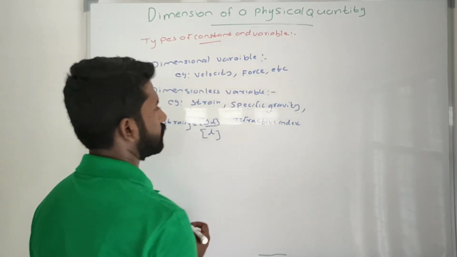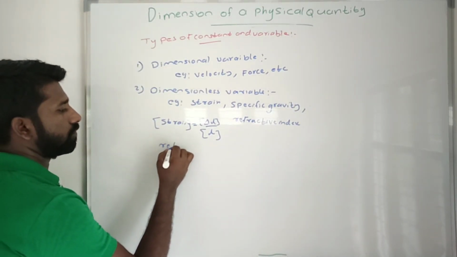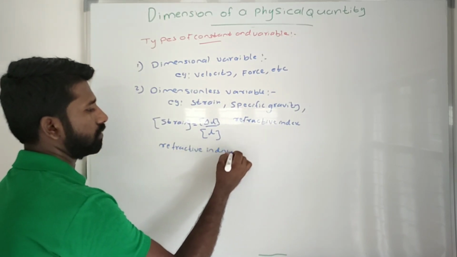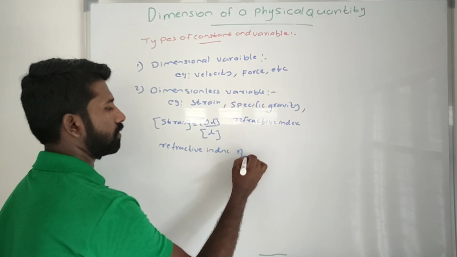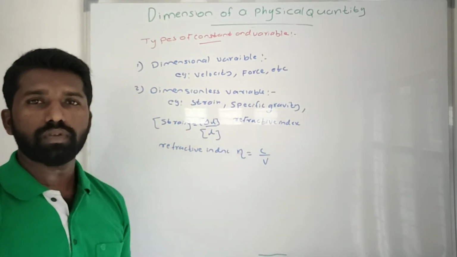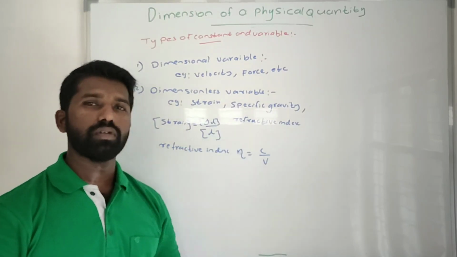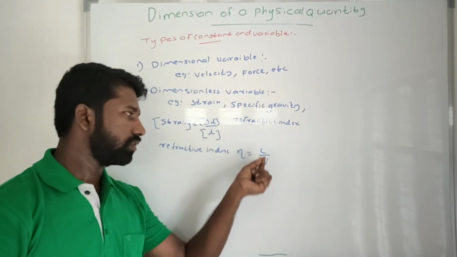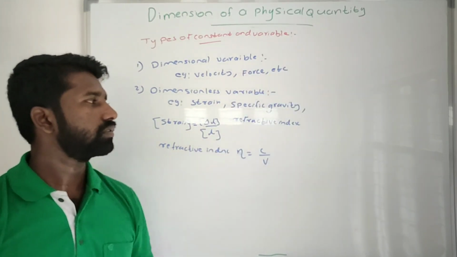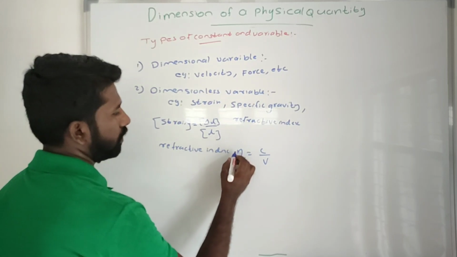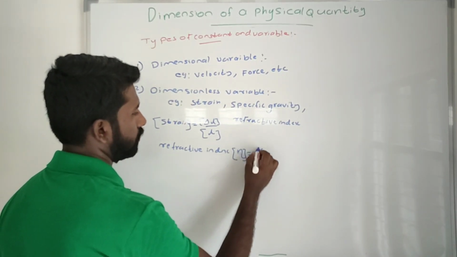What is the refractive index? Refractive index is equal to c, that means velocity of light in vacuum divided by velocity of light in medium. In numerator and denominator we have velocity. This we can cancel, so we will get no dimension for this quantity. Clear? Okay.